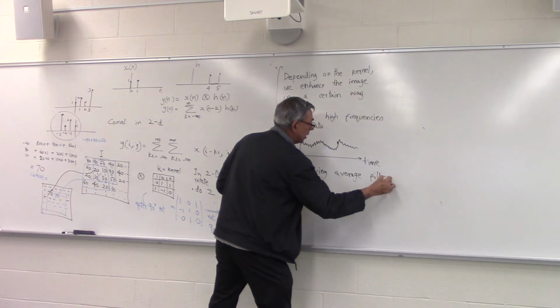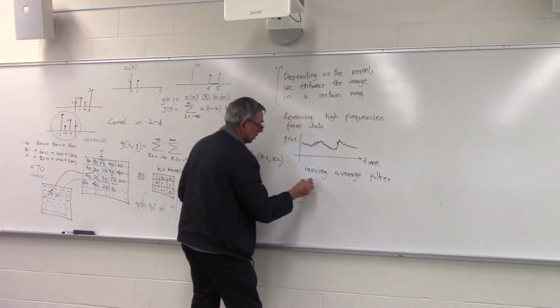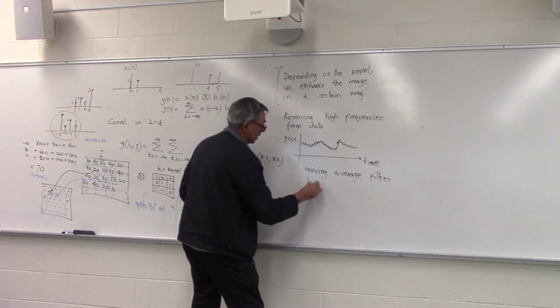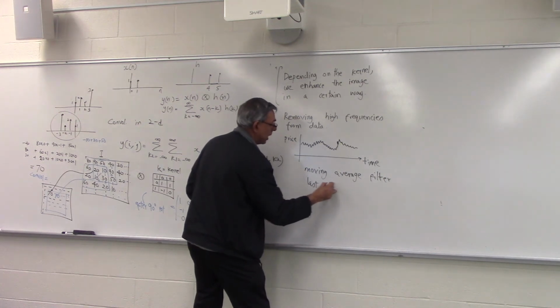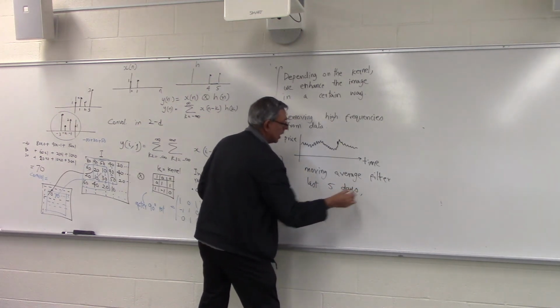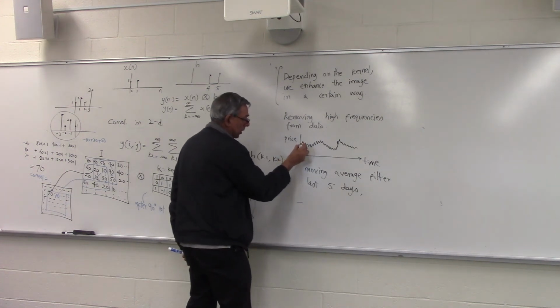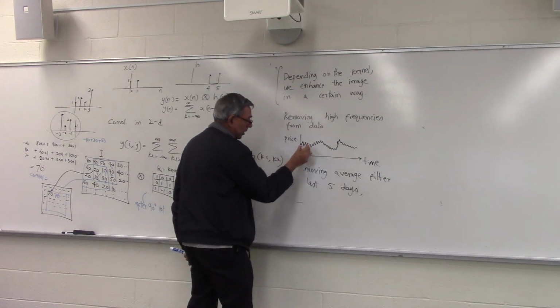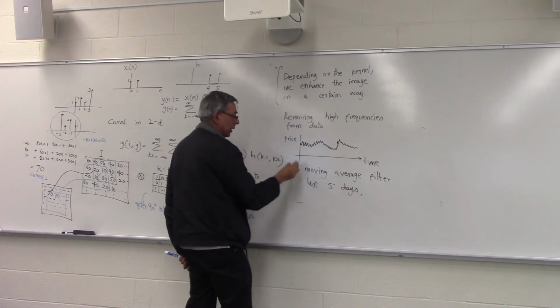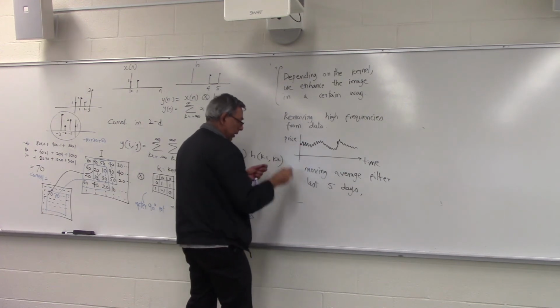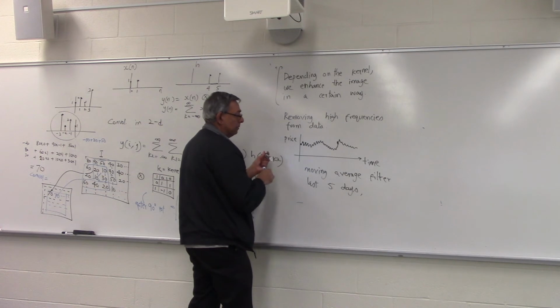So for example, we can say, okay, go to the last, for example, 5 days, and take the average of those. So if we went over here, over here, over here, so we added these 5 data points. Whatever the average is, we replaced it by the average value.